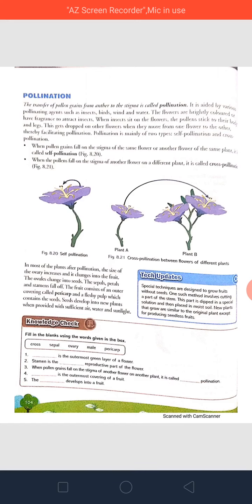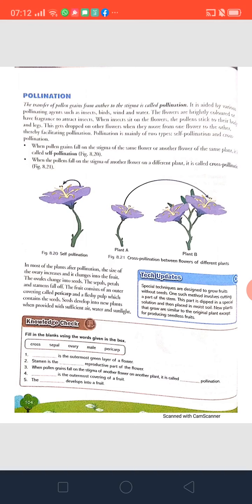And the flowers which contain either pistil or stamen are known as incomplete flowers, or you can say unisexual flowers. If you look at cucumber, you will find either pistil or stamen. It means they are unisexual flowers.